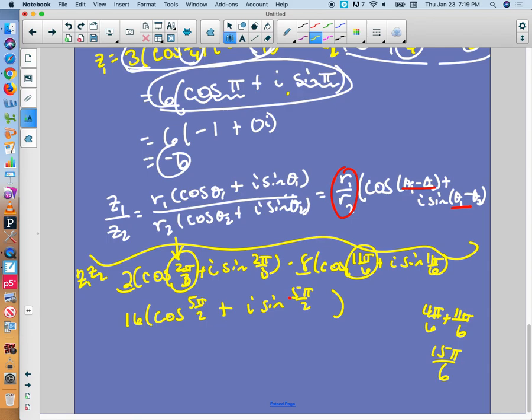And you could leave it like that, or if you want to write it in rectangular form, it's really easy. The cosine of 5 pi over 2, which would be right here, is 0. The sine of 5 pi over 2 is 1. So you would get 16i, or 0 plus 16i, if you wanted to write in a plus bi form.